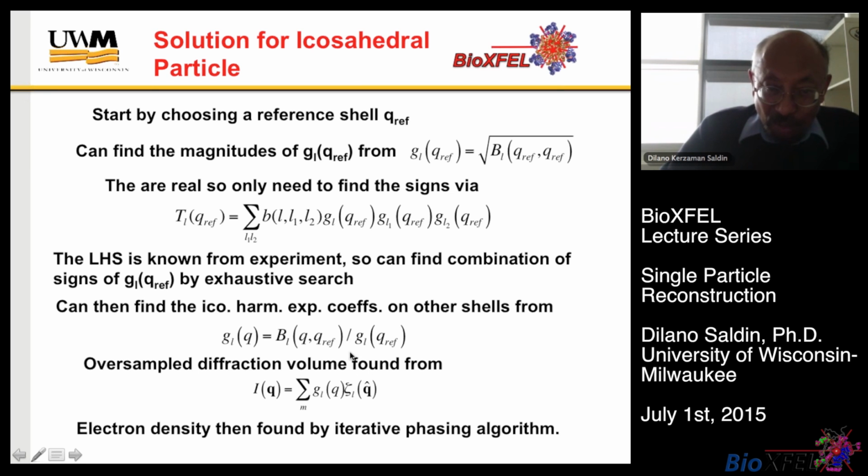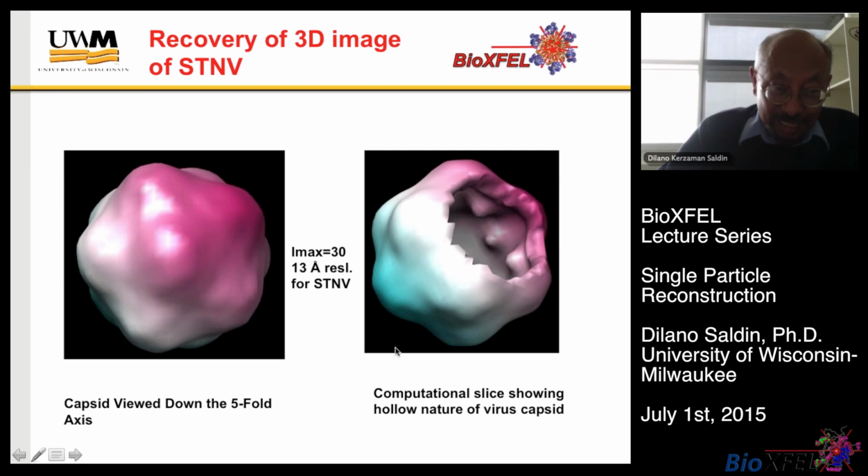Then you can go to a different shell in the same way I described before by using the pair correlations, which allows you to find the L's corresponding to a different Q, and therefore you can find the oversampled diffraction volume from this expression. The electron density is then found by an iterative phasing algorithm, and to our surprise, it really works very well.